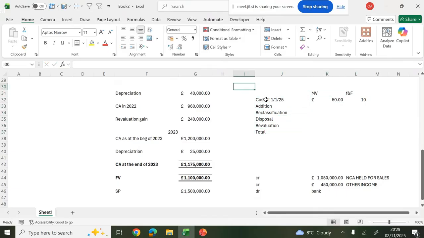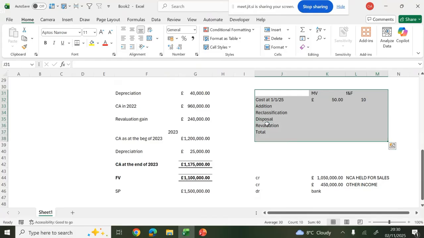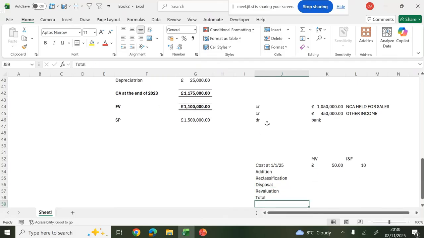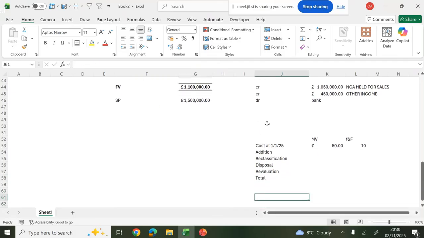Underneath, I will have my depreciation side, and my depreciation will also have the same. Let me bring it down a little bit. All right, this is my cost side. Underneath it, I will still have accumulated depreciation at 1 January 2025. What is my accumulated depreciation on this particular one?